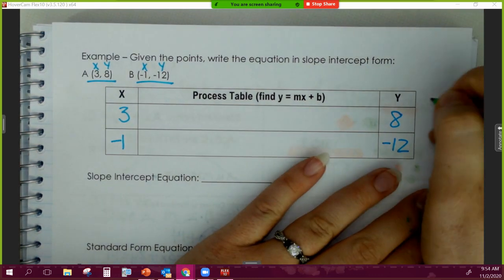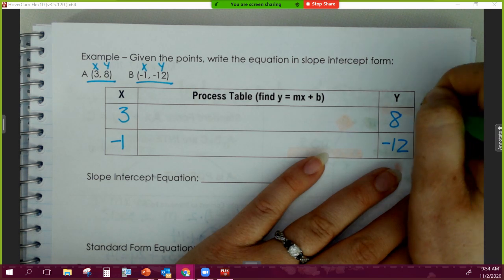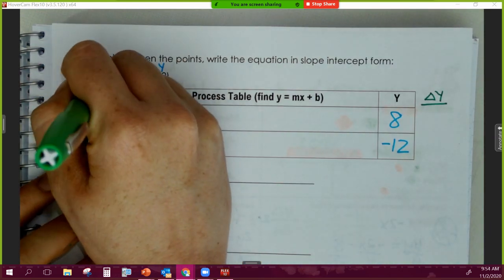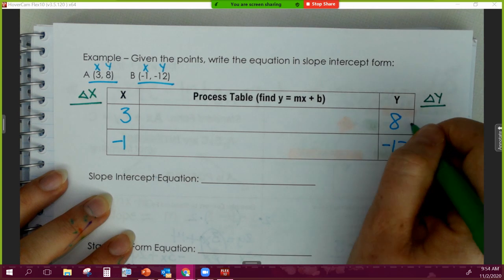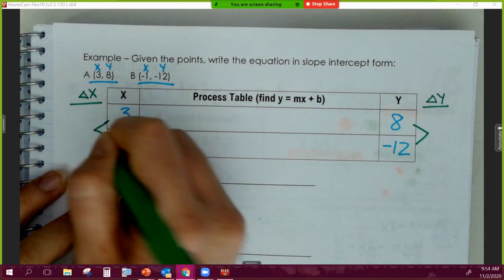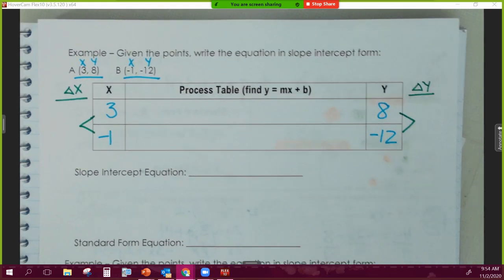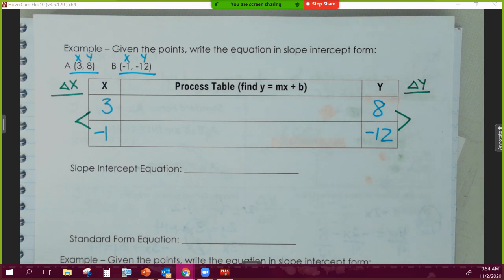Then you're going to find your slope. So remember, we calculate slope with change in y over change in x. Change just refers to the difference. So between 8 to negative 12, what is the change? What are you adding or subtracting?